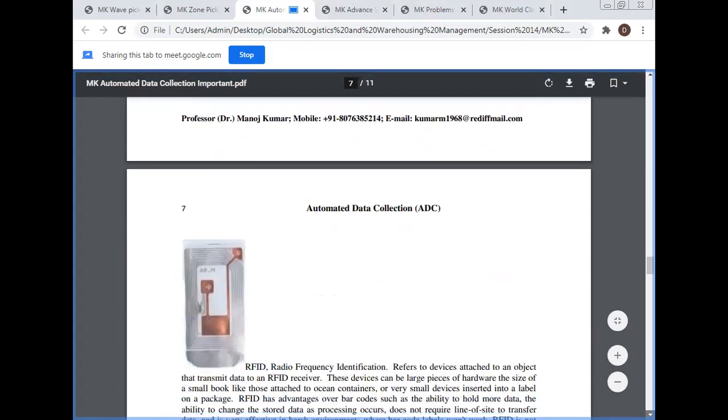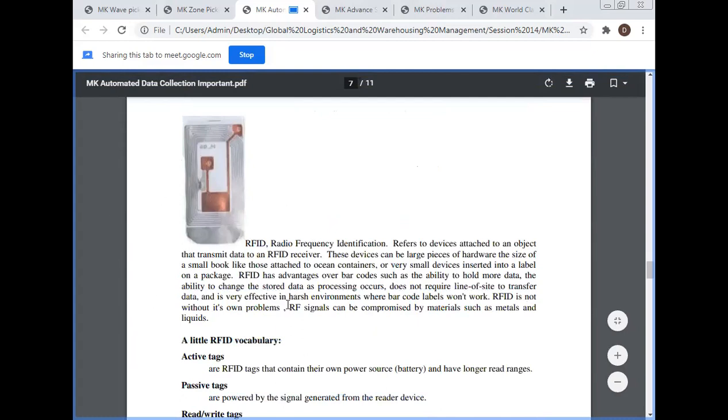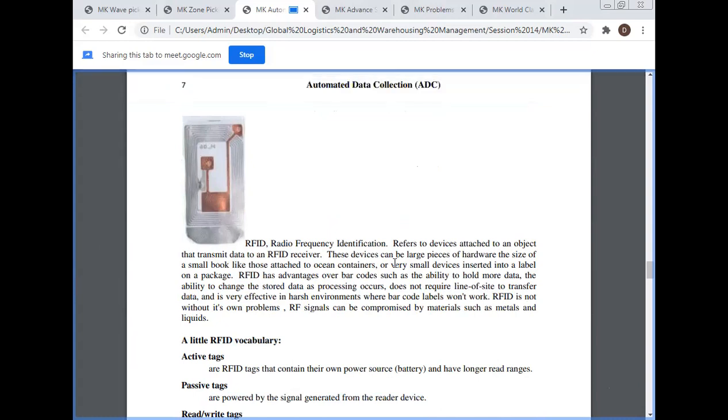RFID. RFID, radio frequency identification, refers to devices attached to an object that transmit to an RFID receiver. These devices can be larger pieces of hardware, the size of a small book, like those attached to ocean containers, or very small devices inserted into a label on a package.